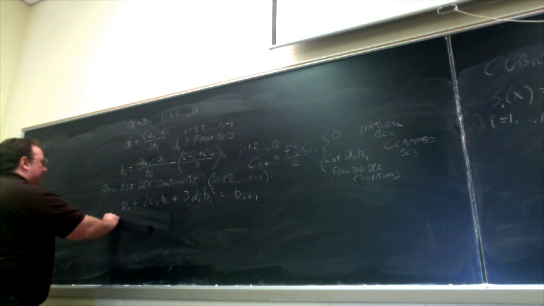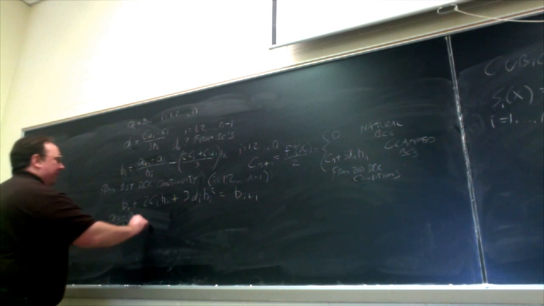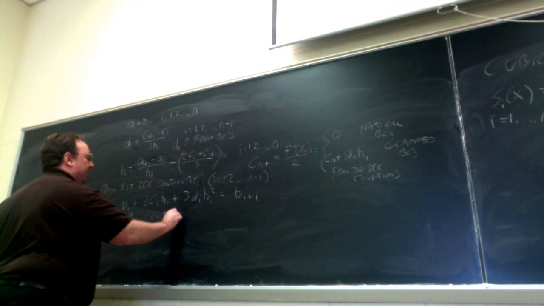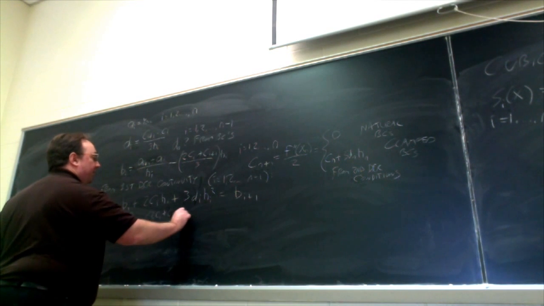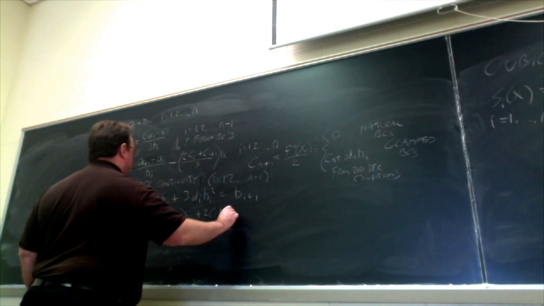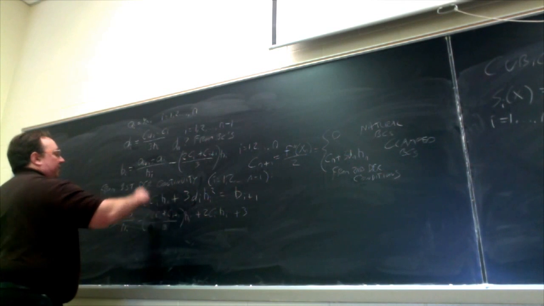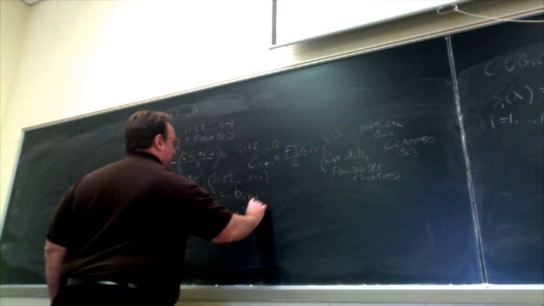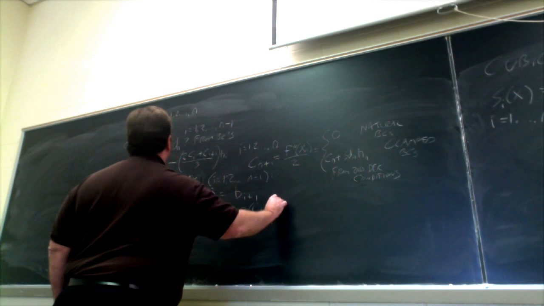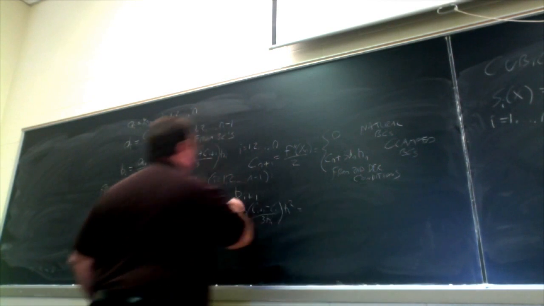Okay, so b_i is (a_{i+1} minus a_i) over h_i minus (2c_i plus c_{i+1}) h_i over 3, at least I know what I'm supposed to get because it's in my notes, plus 2c_i h_i plus 3 d_i, so that would be (c_{i+1} minus c_i) over 3h_i times h_i squared, is equal to b_{i+1}.